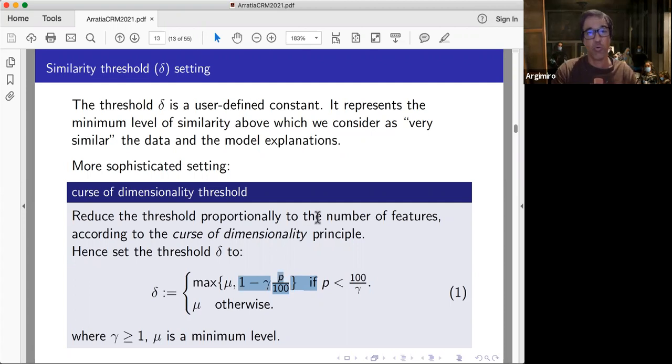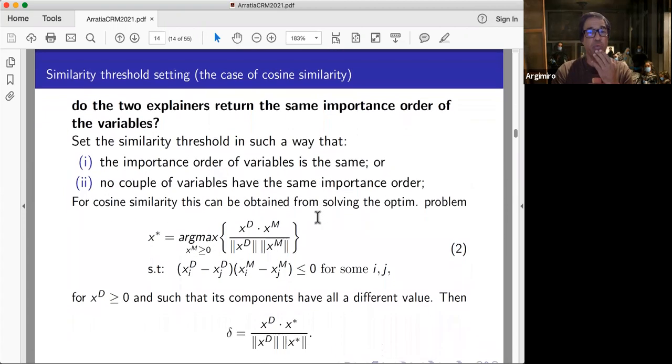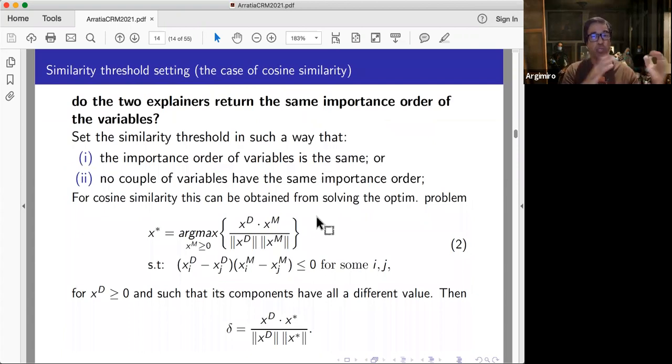We could care about this. We could say I want to set up my threshold in a way that the similarities preserve the importance order of the variables. Or I may not care about this. So there are two criteria, and here the cosine similarity can help us in getting a precise number.